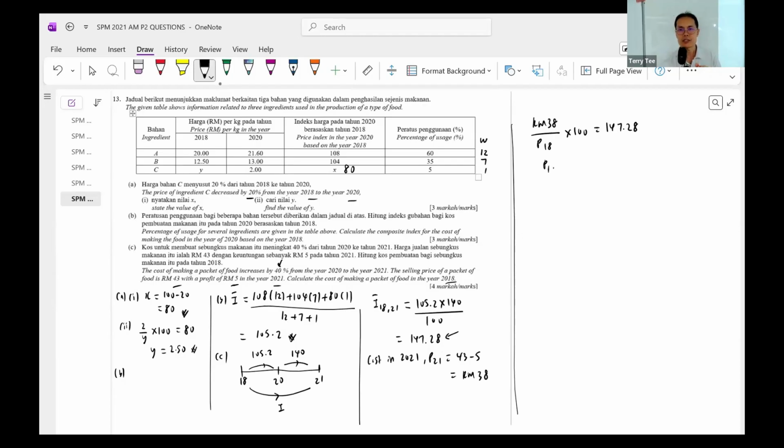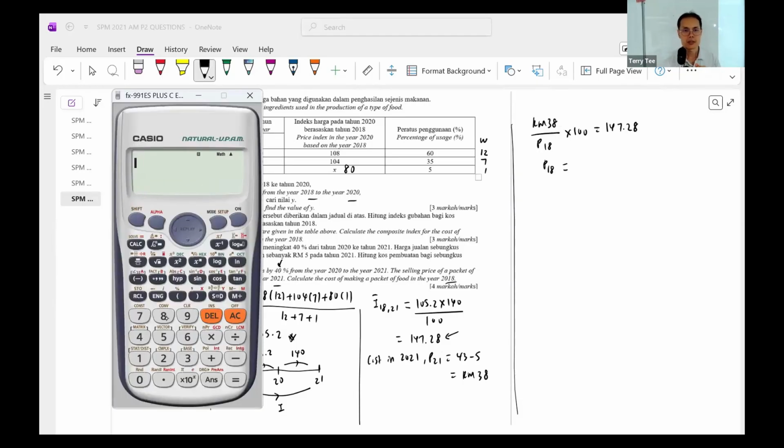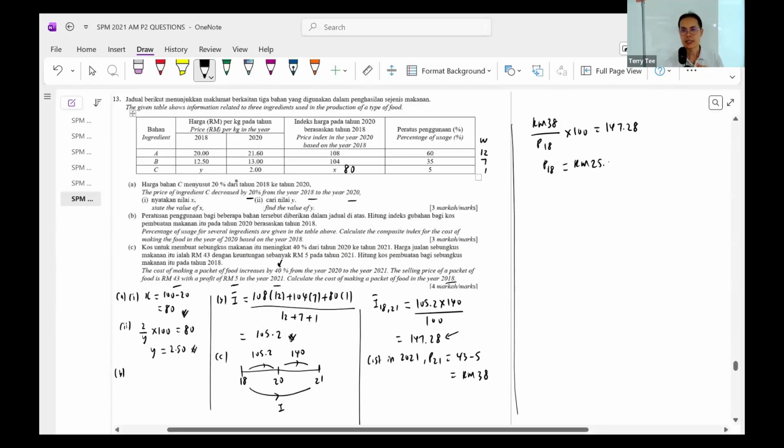So find out this value. Everybody, we take 38 times 100 divided by 147.28. Your answer is 25 ringgit 80 cent. Okay, not difficult.